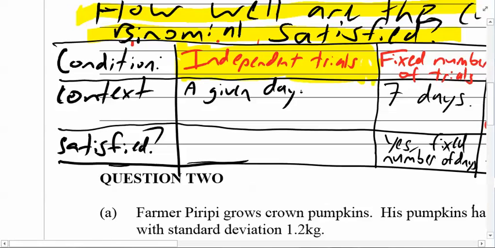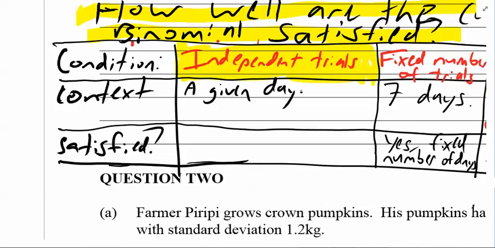Okay, so independent trials. For those trials to be considered independent, it means that the result of one trial has no link or no effect on the result of another trial. So what does that mean in the context of this question? Well, pause the video and see if you can write it down.